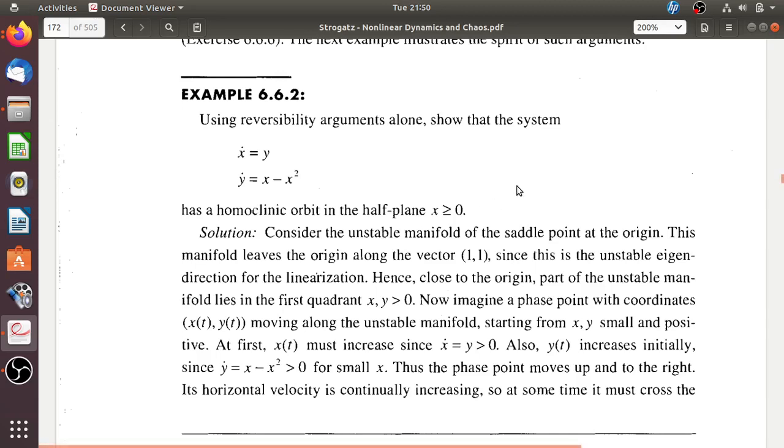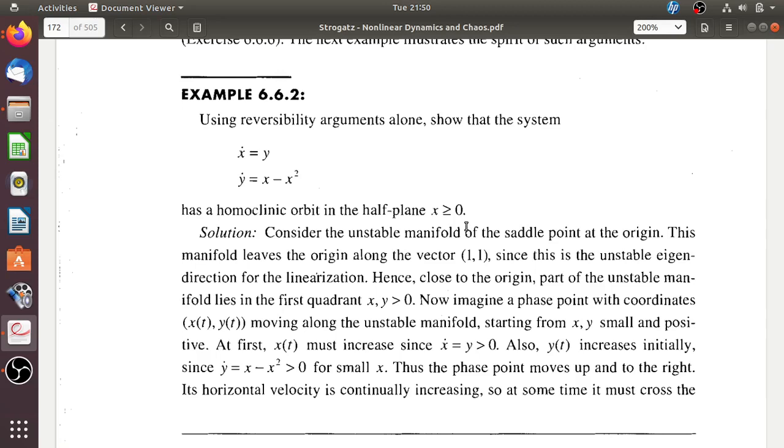In that fixed point, if we do the linearization method by calculating the Jacobian, we could identify that it's a saddle point, which means we will have two eigenvalues, one positive and another negative.